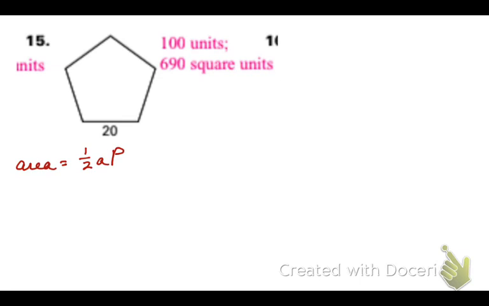This time we're given this length here, so we can figure out the P pretty easily. P is going to be equal to 1, 2, 3, 4, 5 sides, so 5 times 20 is equal to 100. That was pretty easy. So I've got part of the equation. Now we need to find out the apothem.